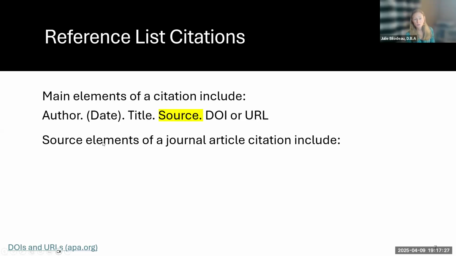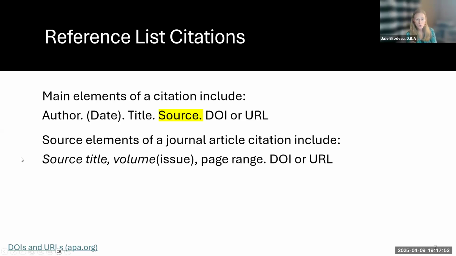So the source elements, this is where it gets tricky, because if you count on your hand, author, date, title, source, DOI and URL, there's only 5 components. But inside the source, there are some little sub-components. I have no idea why my hand's up. I didn't put it up, so we're just going to ignore me and leave it there. All right. So under the source, you have a source title, a volume, an issue, page range, and a DOI or URL.